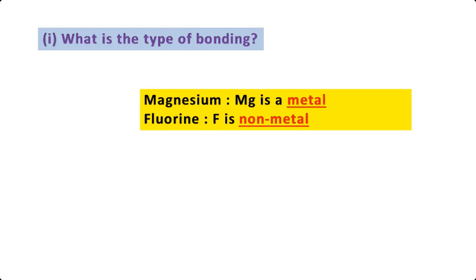So if the element locates in group number 1, 2, or 3, it means this element is a metal, and not to forget the transition elements. For the groups number 4, 5, 6, 7, and 8, these are non-metals. So magnesium is a metal, fluorine is non-metal. Reactions between them leads to form an ionic bonding.